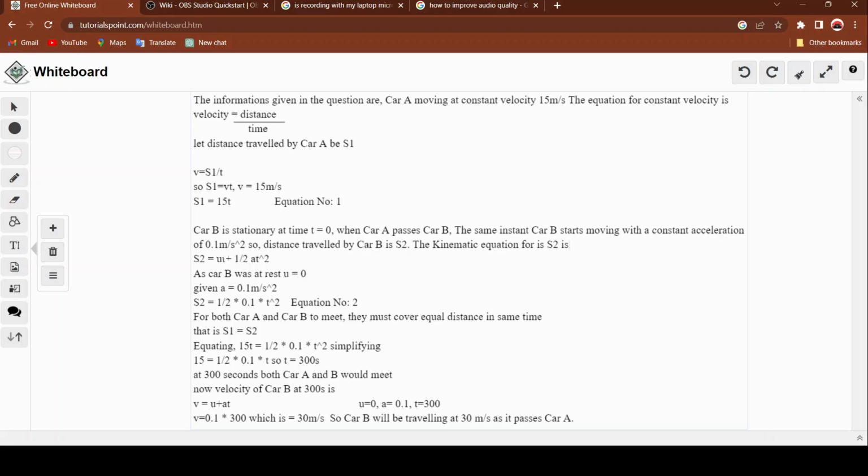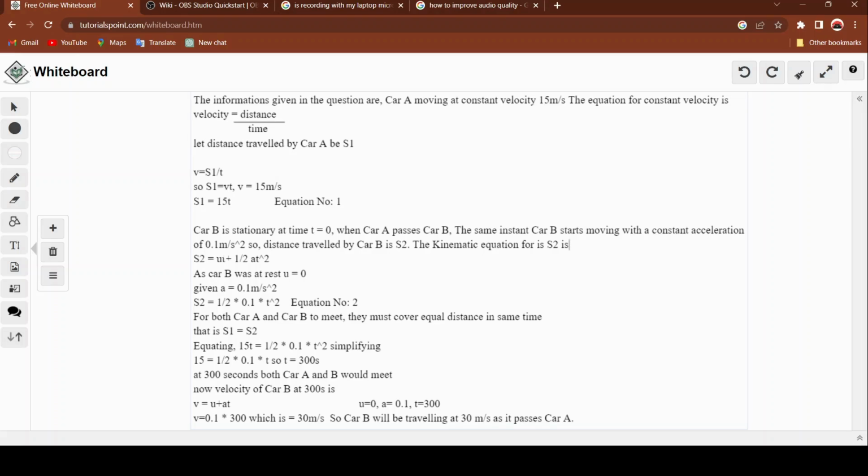As car B is starting from rest, the initial velocity u is 0 and the acceleration is 0.1 meter per second square. Substituting these values, we get S2 is equal to half times 0.1 times t square, which is equation number 2.